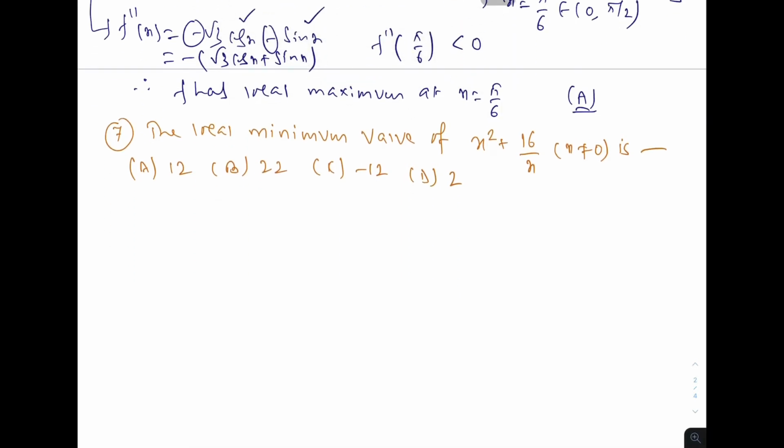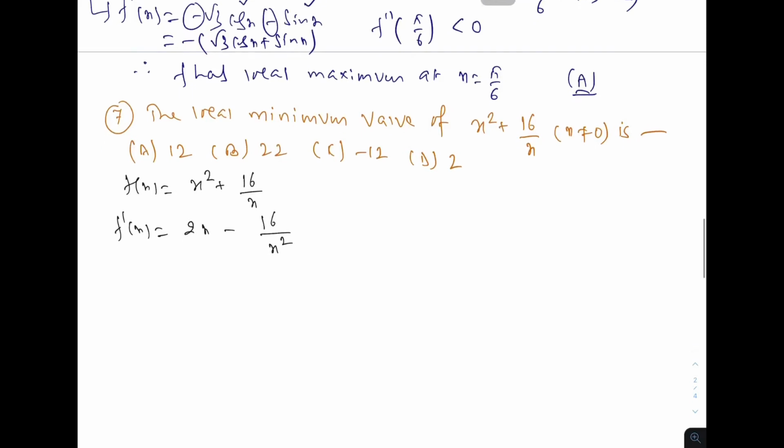Now f(x) is x square plus 16 by x. So its first derivative is 2x minus 16 over x square.